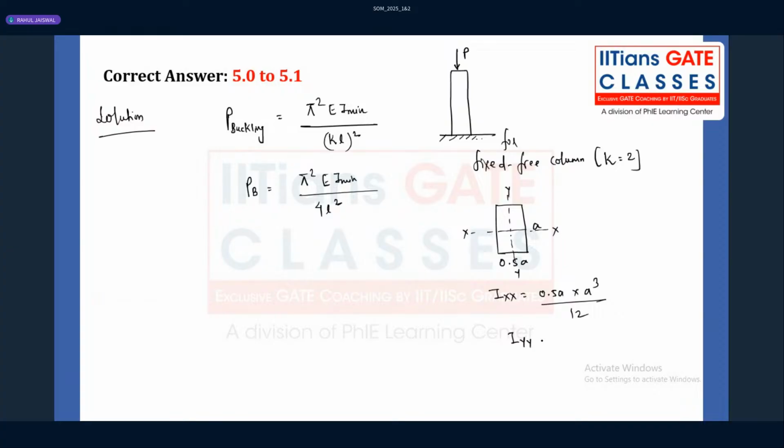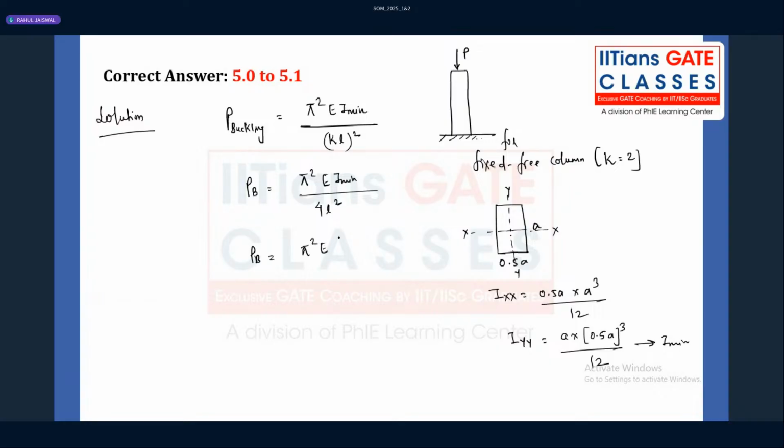And what is the IYY? It is very simple to remember. For IYY, the dimension parallel to the y-axis I will write as A, and the perpendicular dimension will be cube. Out of this, if you take the minimum value, this is I minimum. That is what we are writing here.